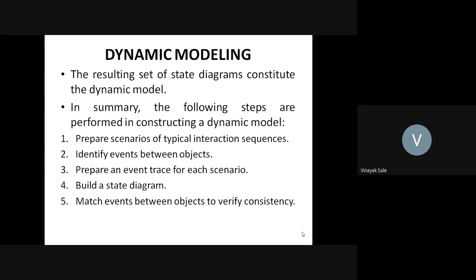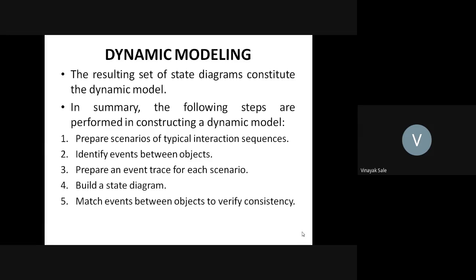While doing your project, whenever you have done a problem statement, after the problem statement you should prepare a scenario regarding the interaction sequence. Then identify the events between two objects, between two modules.